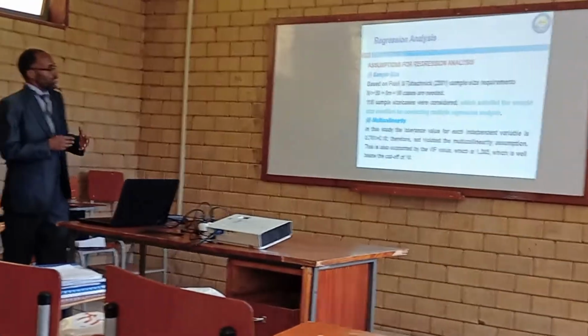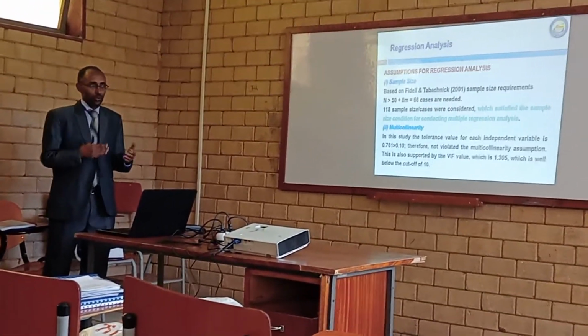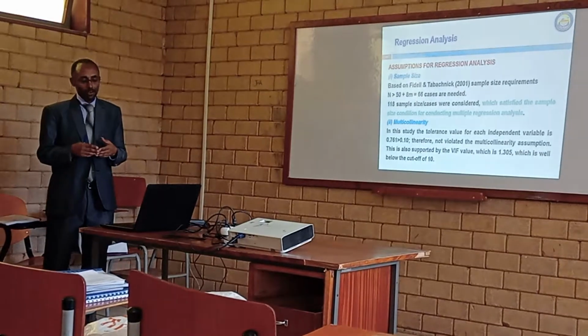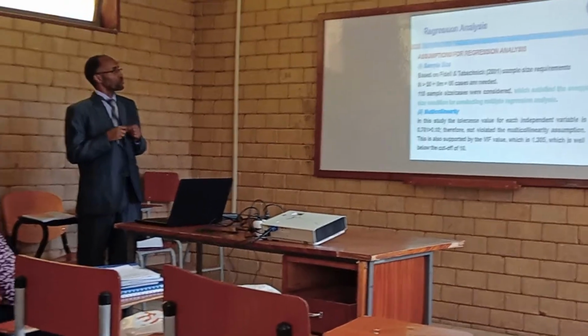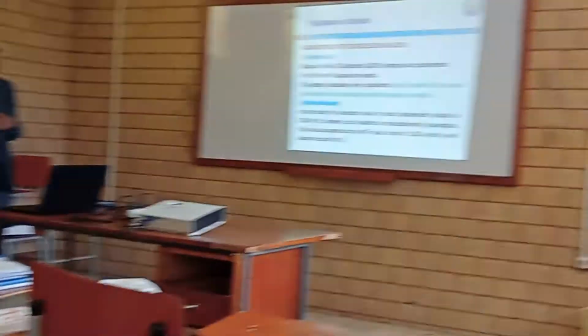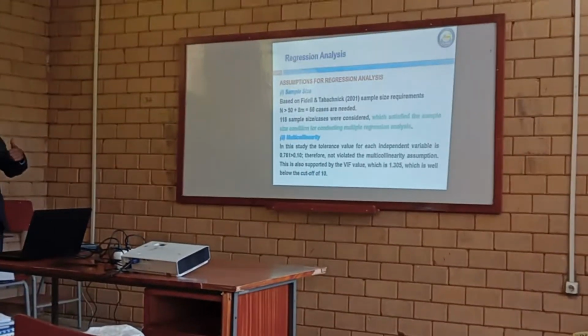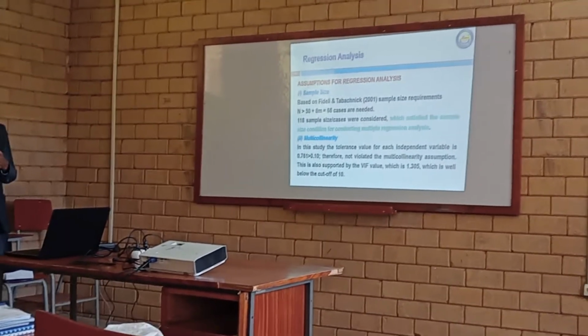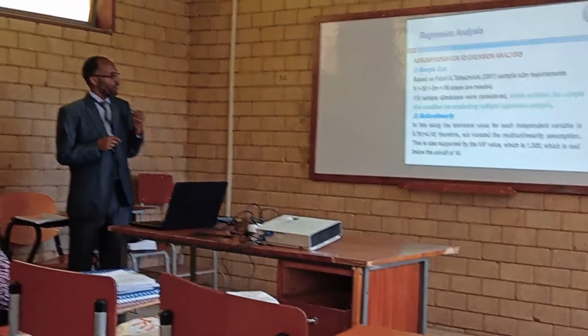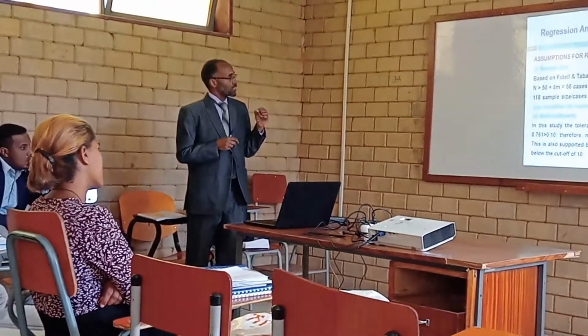Let me come to regression. Before going to regression, I have to make sure that some basic assumptions are fulfilled. The first assumption was to ensure that my data has a correct sample size.